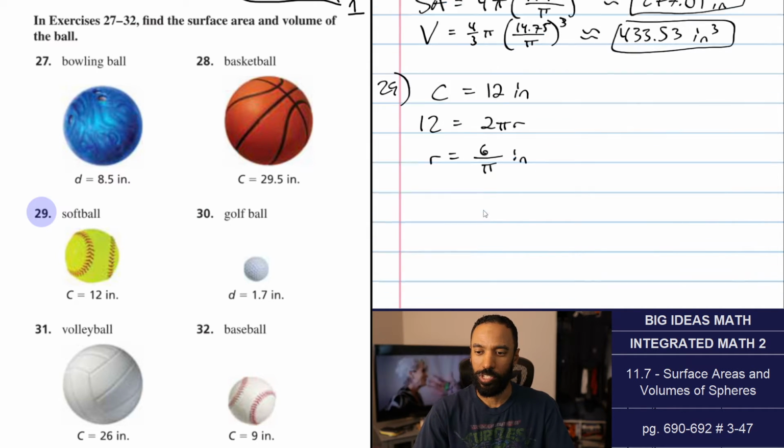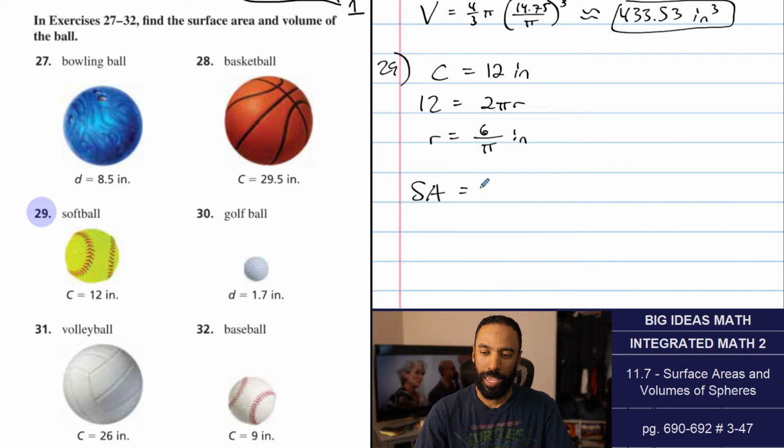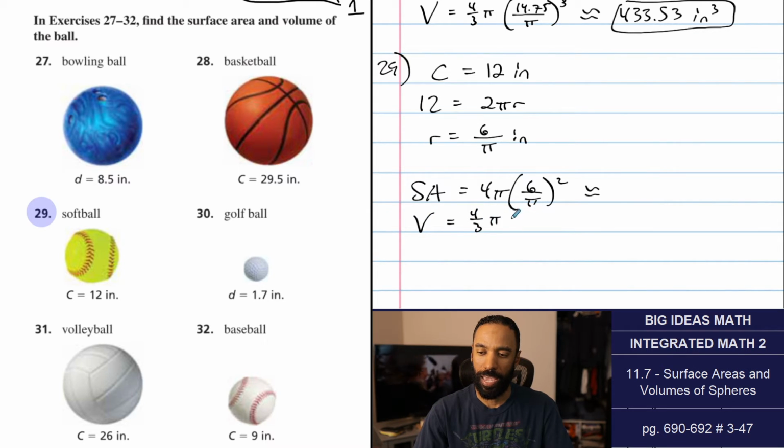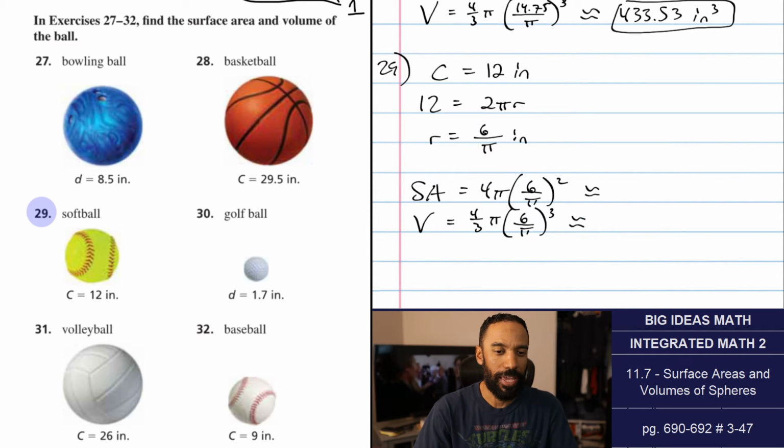So the surface area is 4 pi times 6 over pi squared. And the volume is 4 thirds pi times 6 over pi cubed. Handy dandy calculator will come into play. Hopefully come out to play. I'm trying to delete my previous entries. Give me 1 second. All right, 6 over pi is what I'm going to substitute into that.